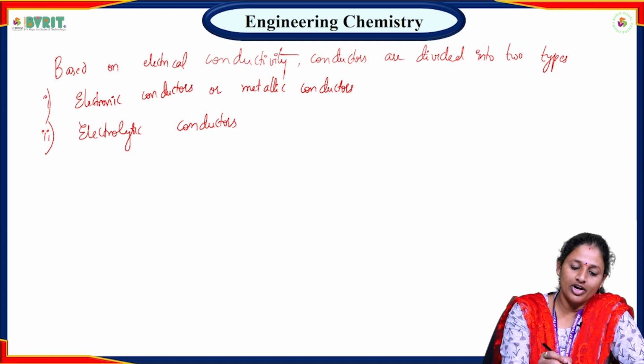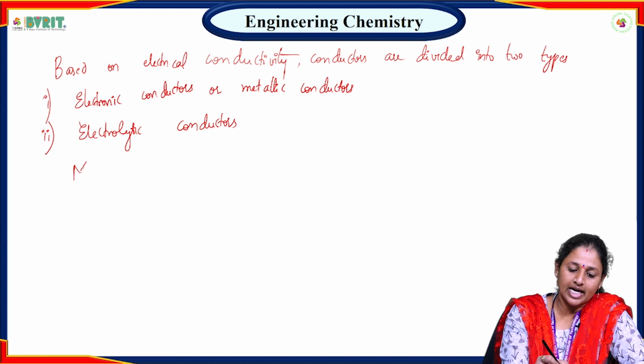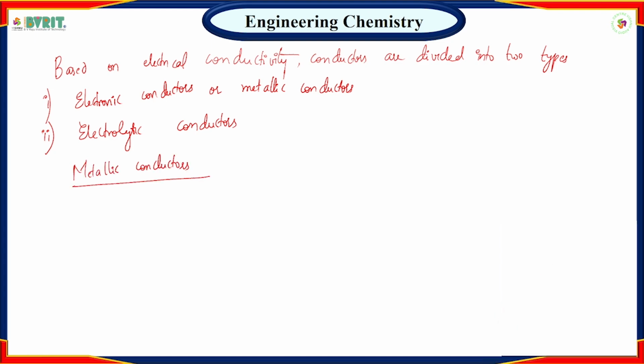So now we'll go ahead with the metallic conductors. So metallic conductors again divided into three types: good conductor, semiconductor, insulators.